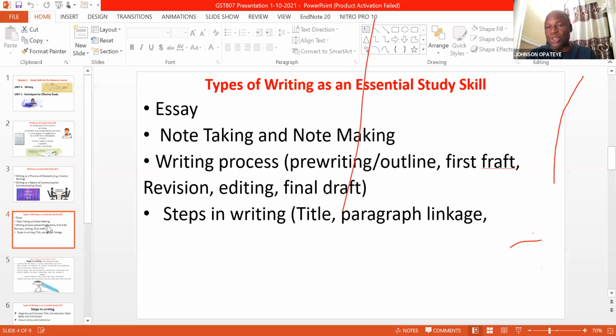When it is expository, you are employing writing to bring out some things that are very unique in the choice of the area where you are writing.